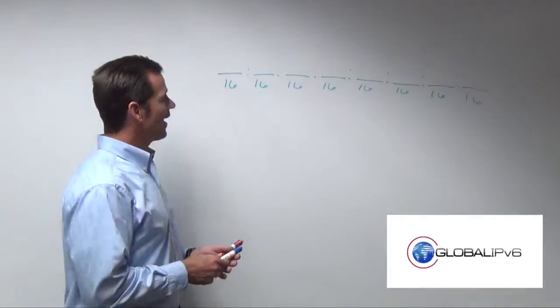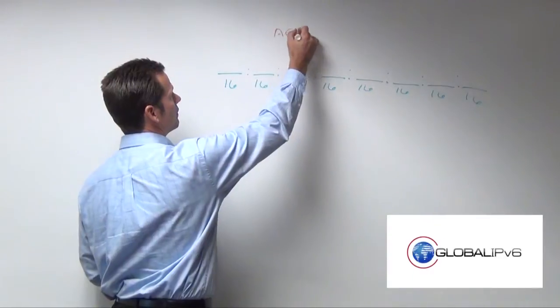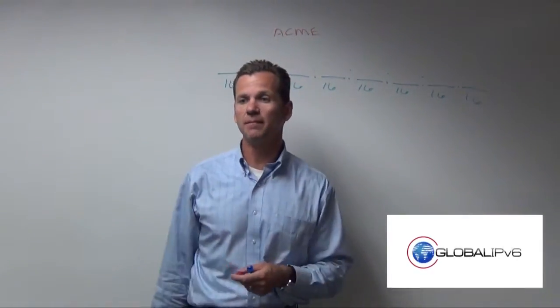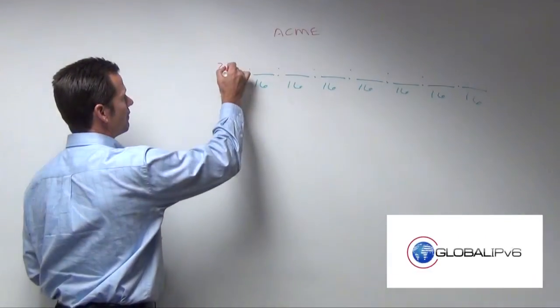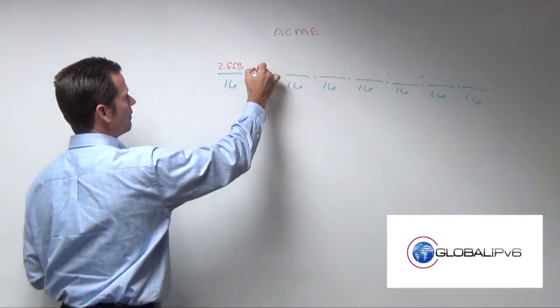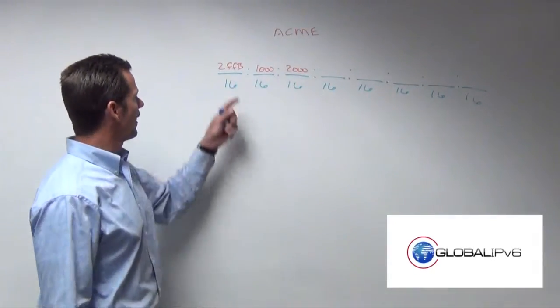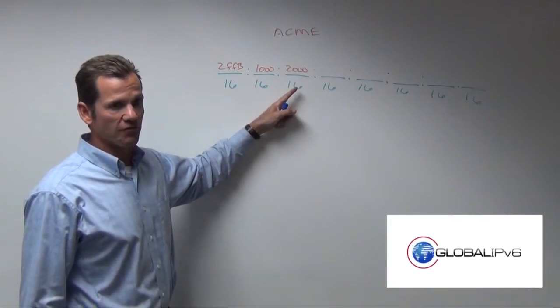So let's say that we had the Acme Corporation, and ARIN assigns them a prefix of, let's say, 2FFB 1000 2000.